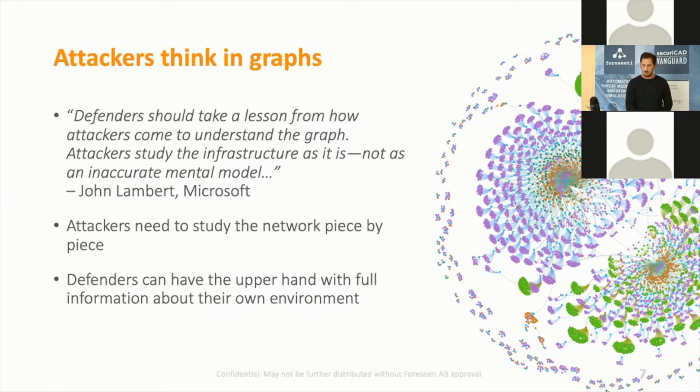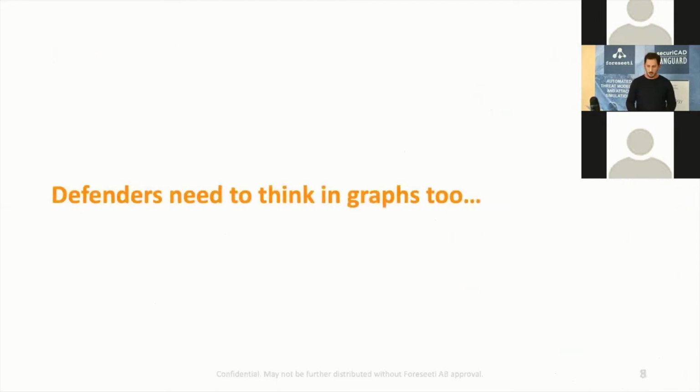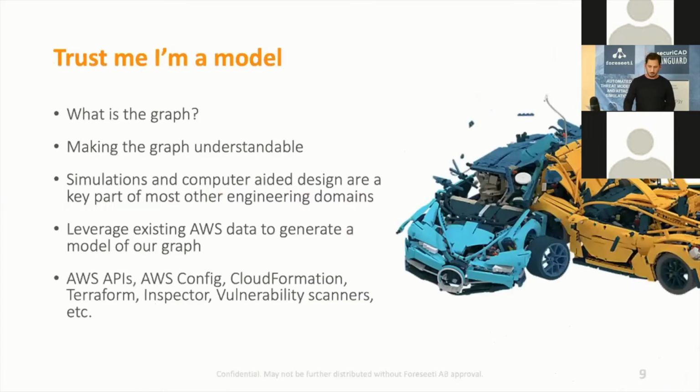The graph here on the slide is actually an AWS environment that we have graphed out. And you can understand that it's fairly hard for an attacker to get all of this information. But you as a defender can actually have the upper hand with full information about your environment. So we as defenders need to think in graphs as well.